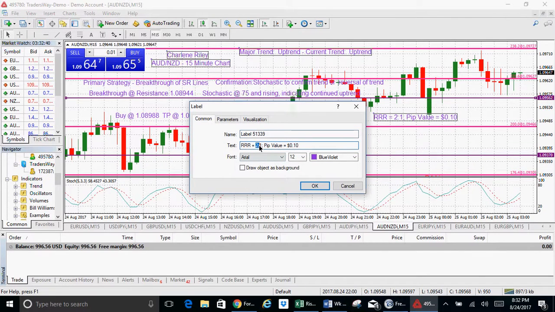My risk-reward ratio is 1-to-1, and my pip value is going to be 20 cents per pip.